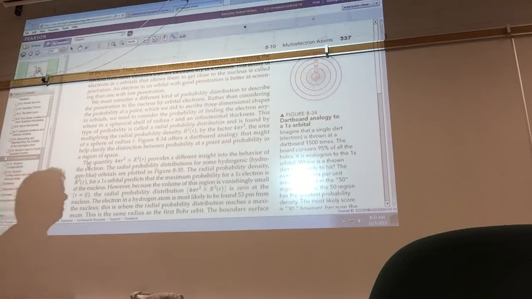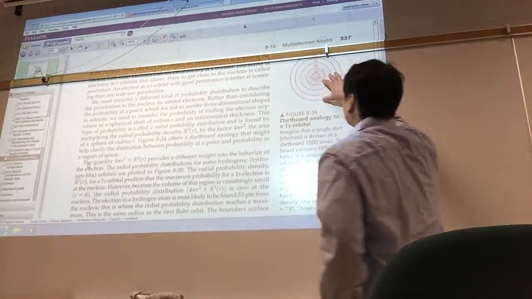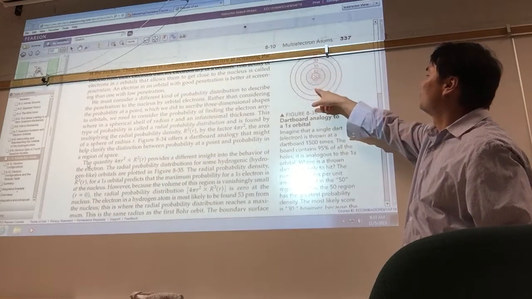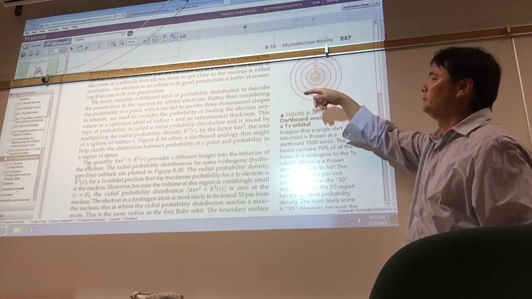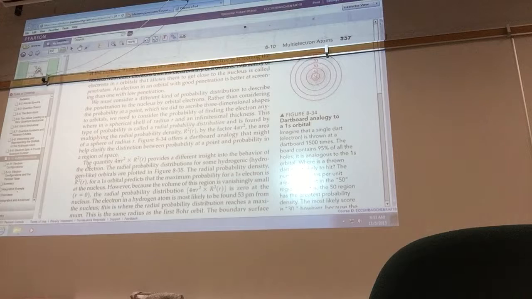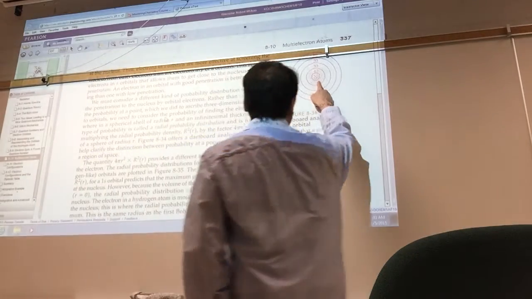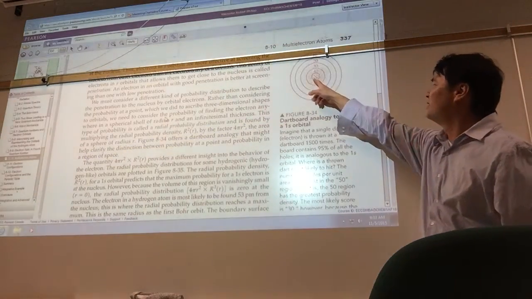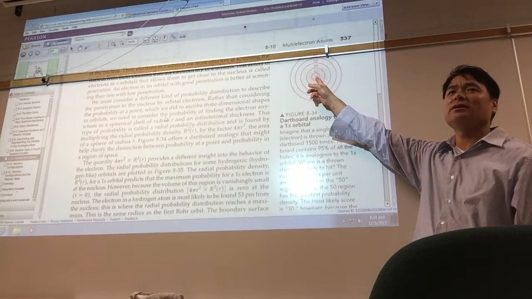All right, here's the electron cloud distribution for the 1s orbital. When you look at it, the greatest density of dots is right at the nucleus.